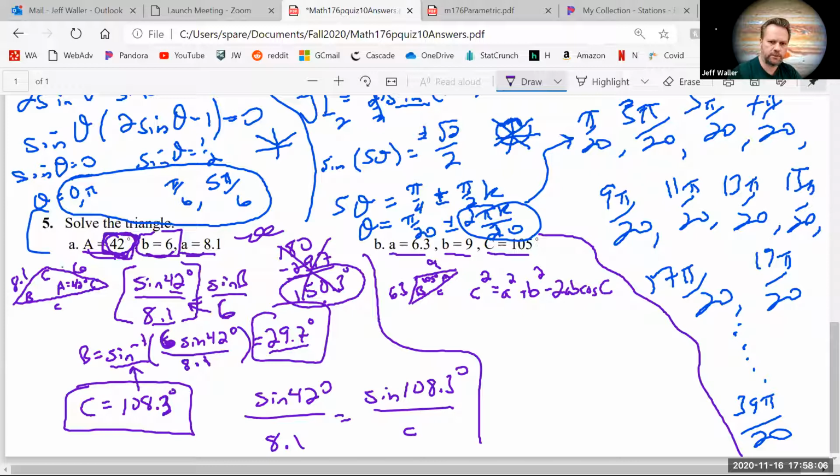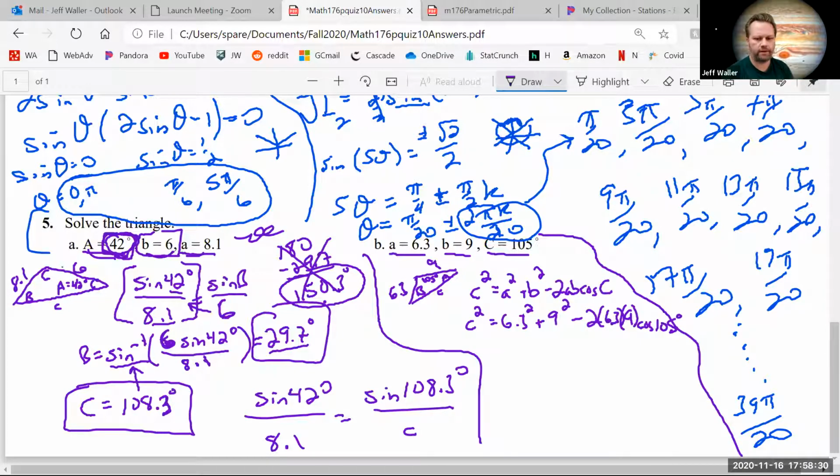And now we just throw in everything we know. We know A and B, cosine of 105. All right, that's not too bad. And you just throw all that in the calculator and take a square root.